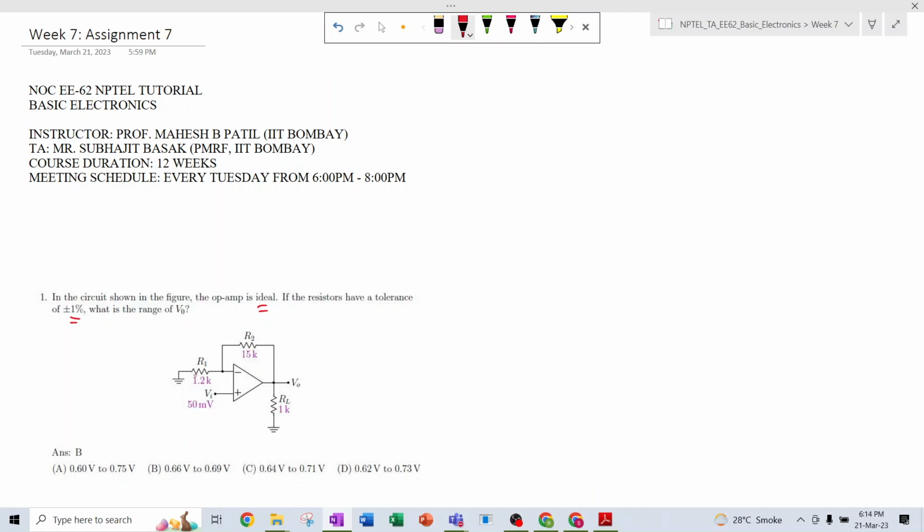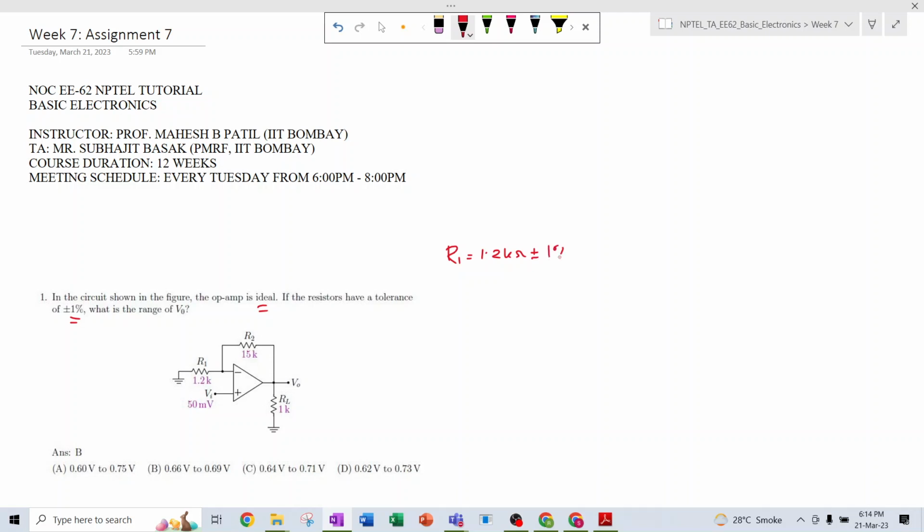In the first question, R1 and R2 both are resistors that have a tolerance of 1%. R1 is 1.2 kilo ohm and it varies 1%, right?